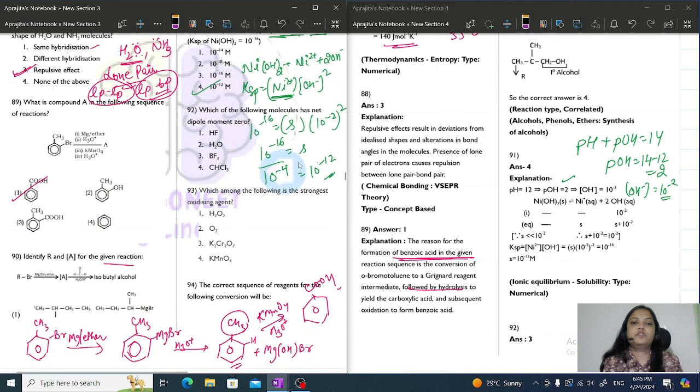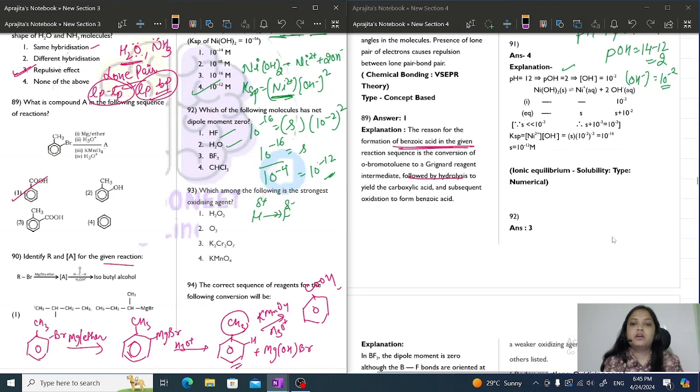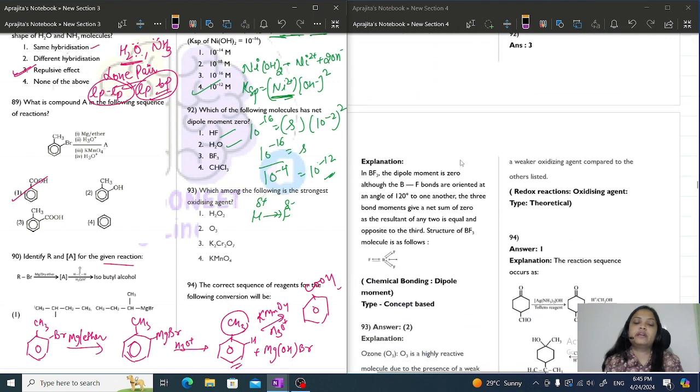Question number 92. Which of the following molecules has net zero dipole moment? HF, its dipole moment is not zero. H2O, again there is no symmetry, so again there is a net dipole moment, it is not zero.